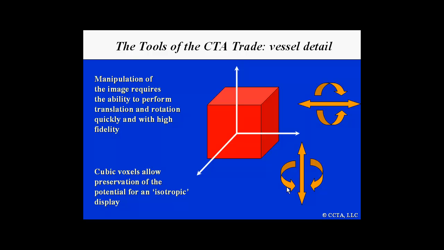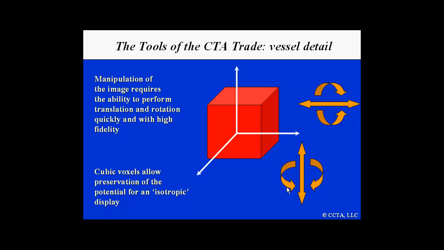Manipulation of the images then in 2- and 3-dimensional space requires the ability to perform translation and rotation quickly and with high fidelity. You recall in previous lectures that the importance of 64 slice and higher multi-detector CT is that we can approach isotropic or cubic voxels.